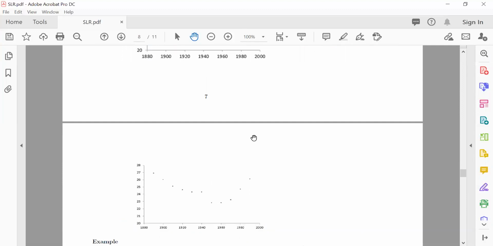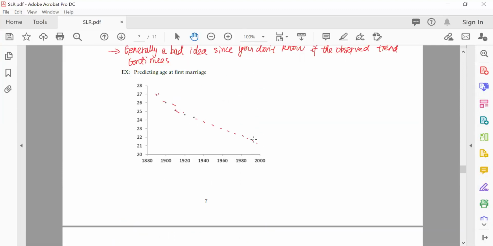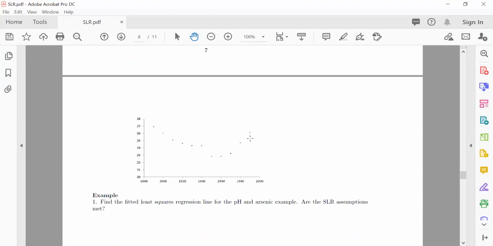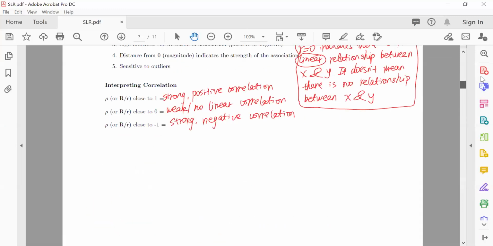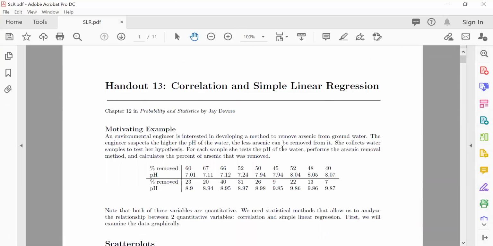So having said that, let's take a look at the following example using the pH value example that we have seen at the beginning of this handout. I hope you still remember our motivating example. We are trying to study the relationship between the pH value of the water and the percentage of arsenic it removed.